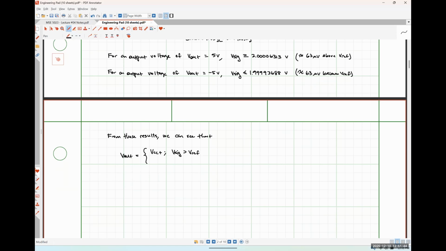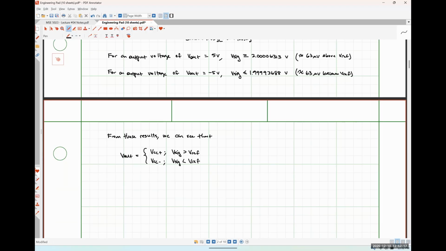I'm not putting greater than or equal to because when it is extremely close to Vref, it won't actually be VCC plus. It might just be Vsig. Okay. And it'll be VCC minus whenever Vsig is less than, once again, just less than, not less than or equal to Vref.